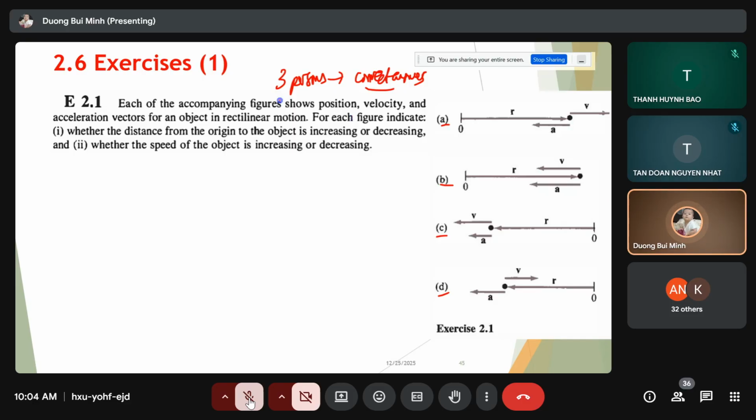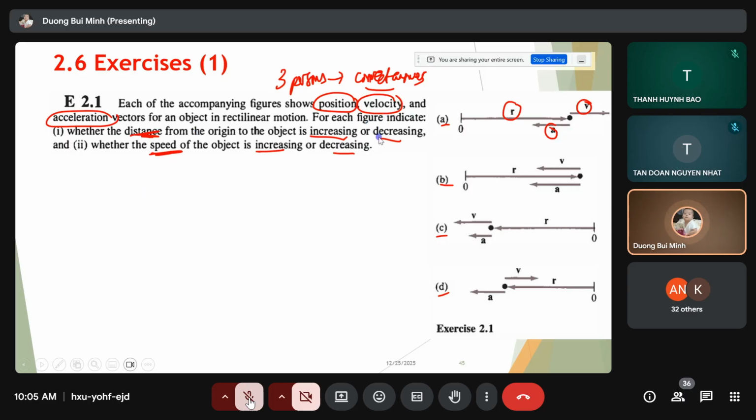Okay, each figure shows us the position, velocity, and acceleration. This is position. This is velocity. This is acceleration. For each figure, indicate whether the distance from the origin to the object is increasing or decreasing, and whether the speed is increasing or decreasing.